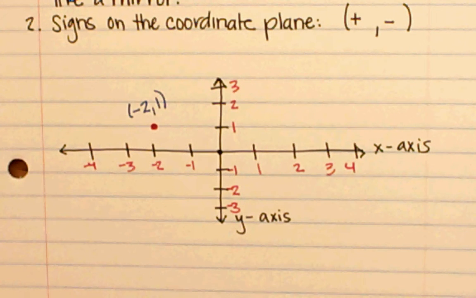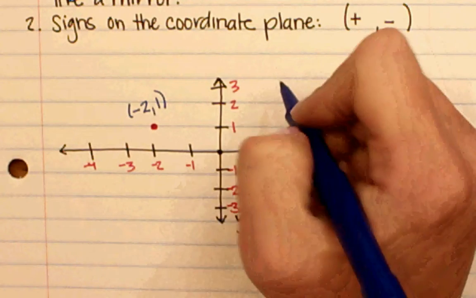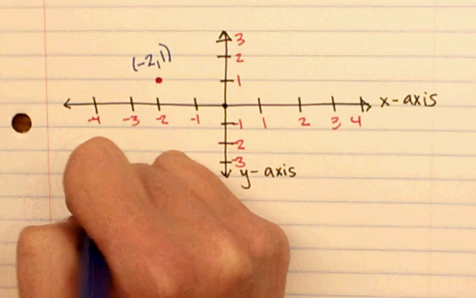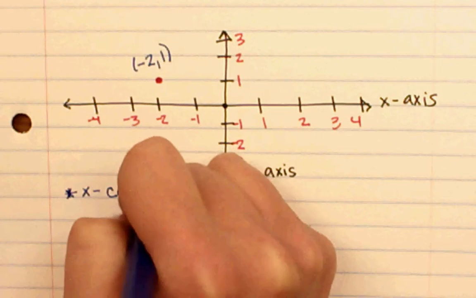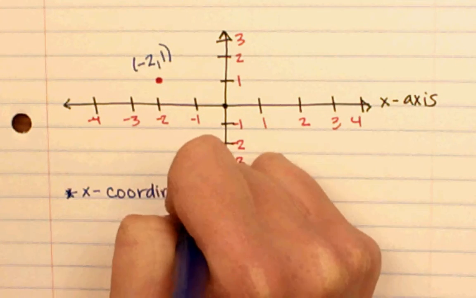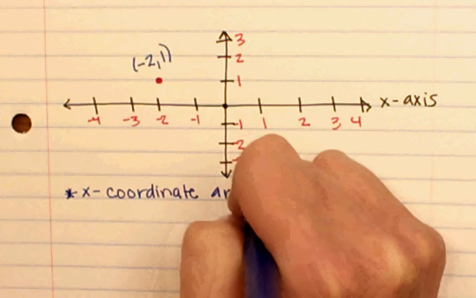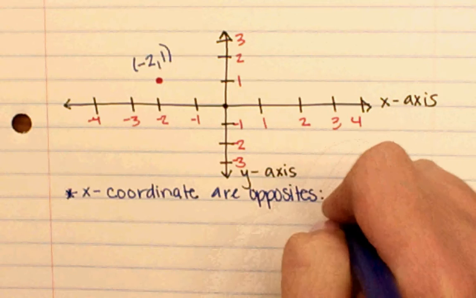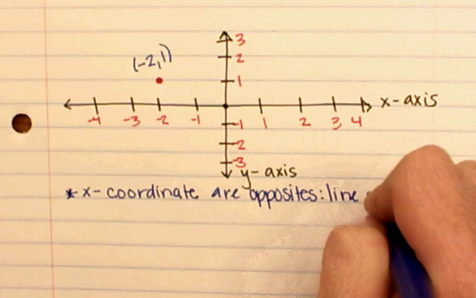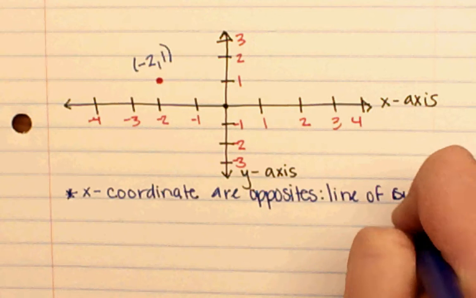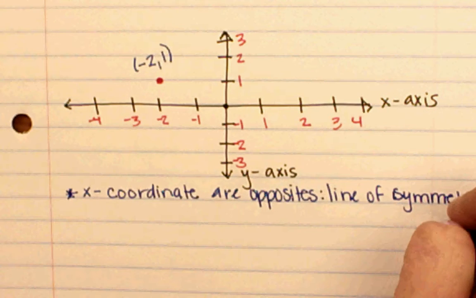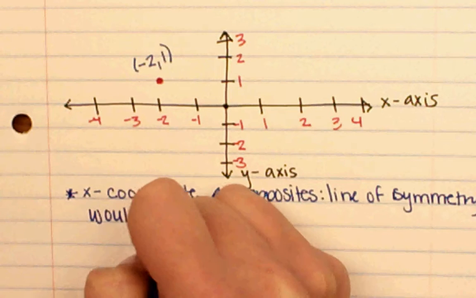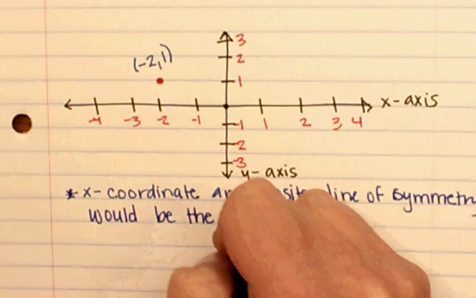So in this case, if the x-coordinates are opposites, the line of symmetry would be the y-axis.